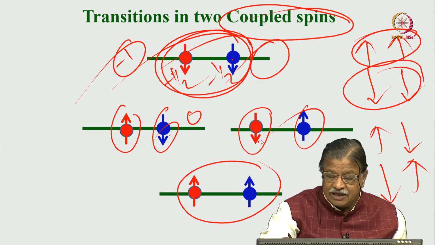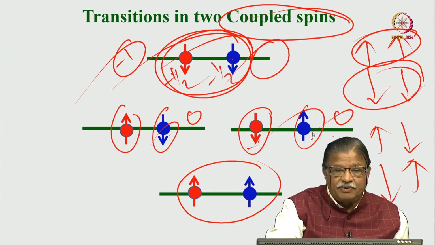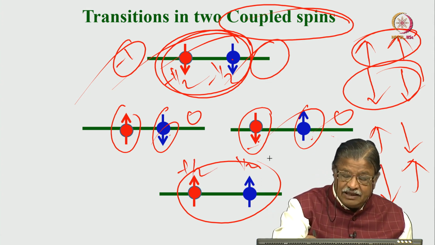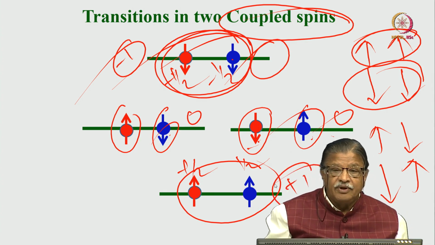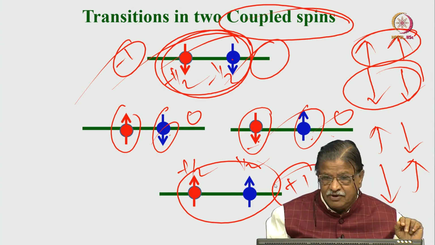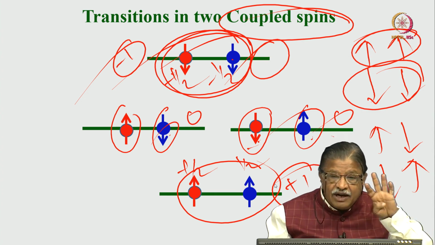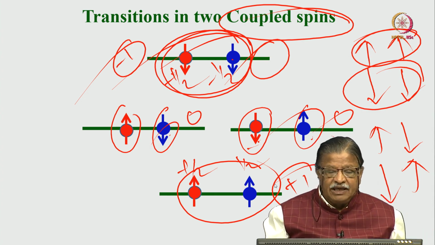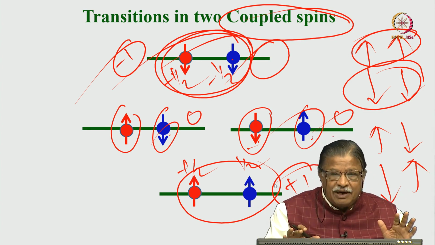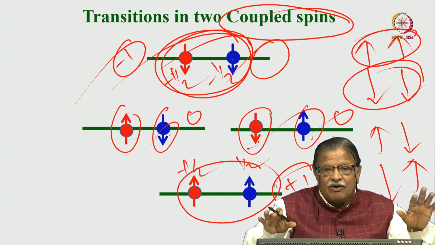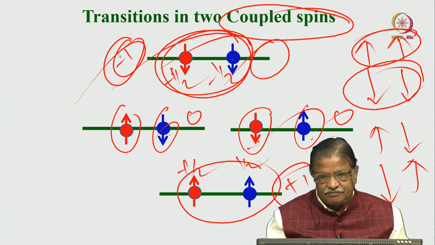For this energy state minus half and plus half, 0. For this state both are up, plus half, so the magnetic quantum number for this energy state is plus 1. So, if I have two coupled spins, four different orientations are possible, four energy states, and each magnetic quantum number is the sum of the individual ones. So, this is minus 1, 0, 0, plus 1.